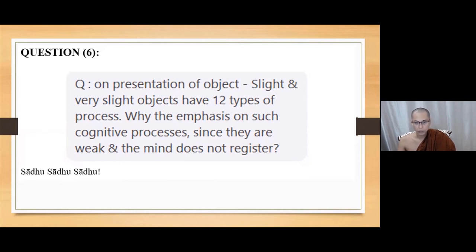we need to identify them as cognitive processes, because they are recognized as cognitive processes: those mind moments arise due to the striking of the object on the sensitivity, the sensitive materiality. So that is also a cognitive process, because it is different from the bhavanga. At the moment of bhavanga, although it is aware of a specific object, kamma, kamma nimitta or gati nimitta, it is a very common object.